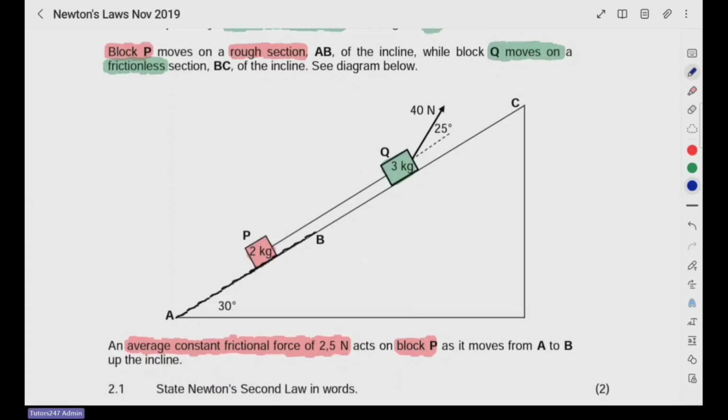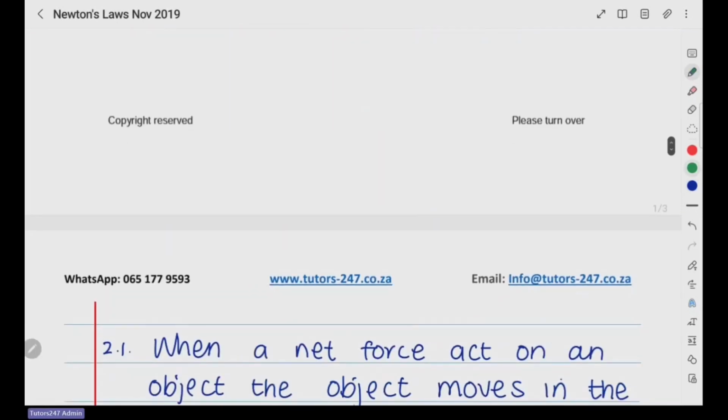Normal force. That is correct. So block Q, we have tension that's acting down the slope. We have Fg that's acting straight down. We have normal force. We have applied force that's acting at an angle.